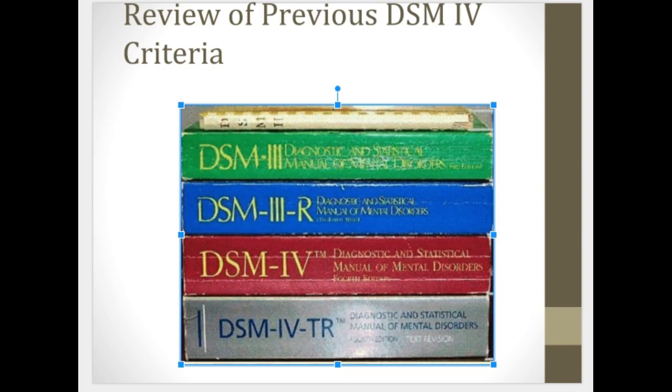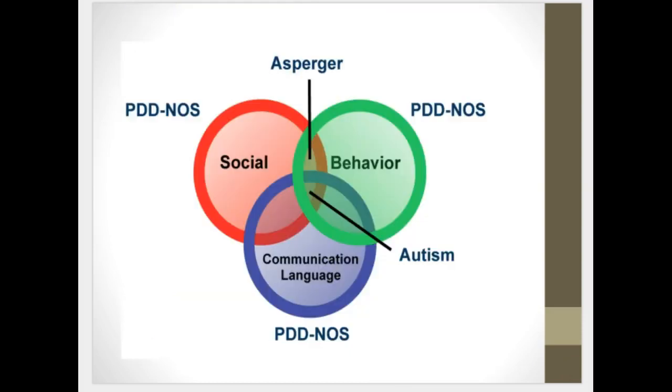Personally, I would say that I still feel that the DSM-4 criteria was a little bit more accurate and understandable. The DSM-5 has kind of eliminated one of the categories that I think is important to track with autism. So let's talk about the DSM-4 first.